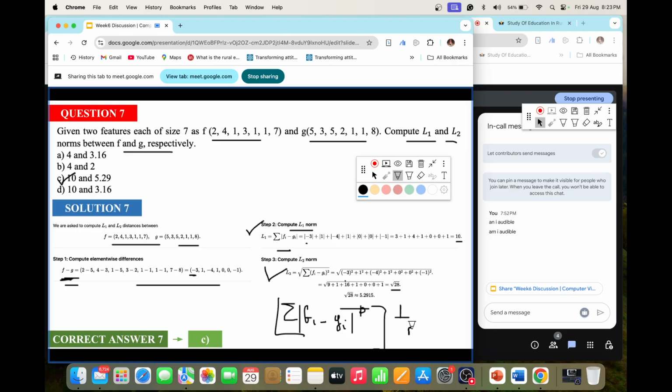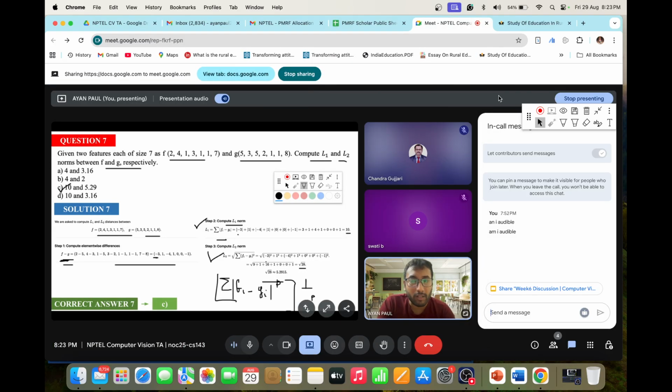Okay, so p equals 1 for L1 normalization, p equals 2 for L2 normalization. So you can find the L1 and L2 norm by this. Again, it is a very simple question, so I hope it is clear to all of you, right? This is very important actually, L1 and L2, so it might come in your assignment. Okay, so this is the thing.